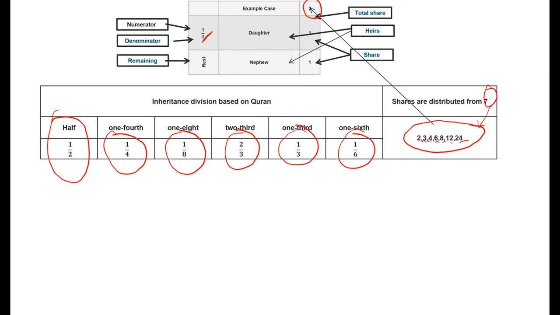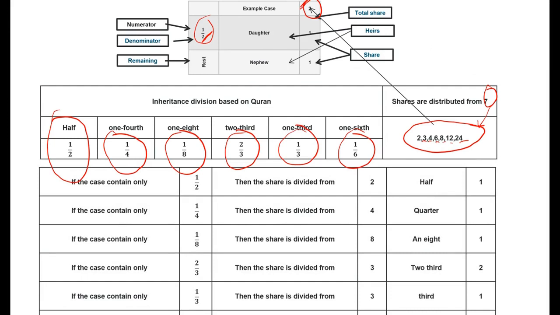So in this case, we have only one denominator, or one fraction. So that fraction goes here on top of the aslul mas'ala, the total share of this case. So how do we find out the total share here?